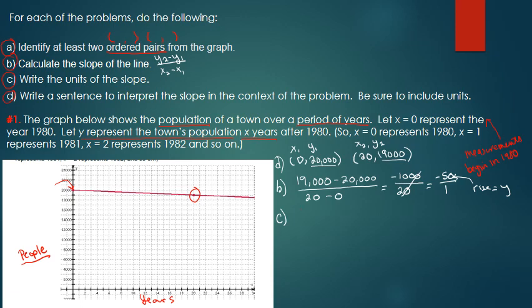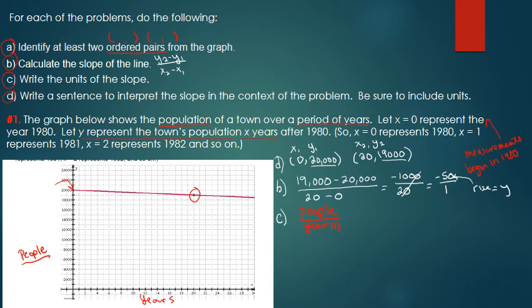So we have people on the top over the unit on the x-axis, which is years. So that would be people per years or per year, depending upon how far down we reduce our answers. Okay, so that's part C.